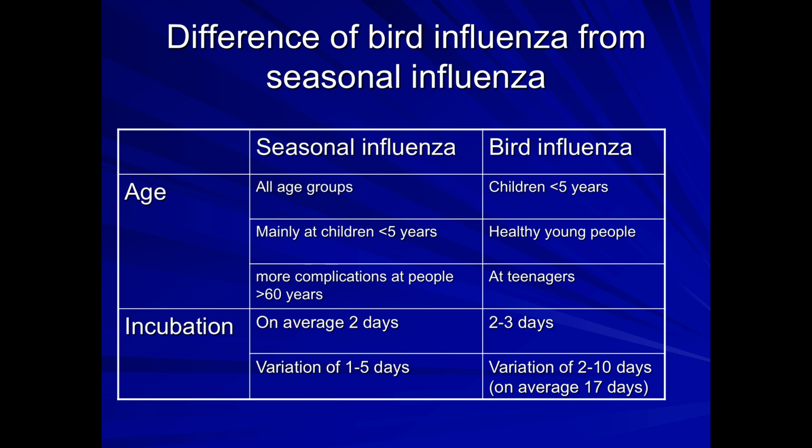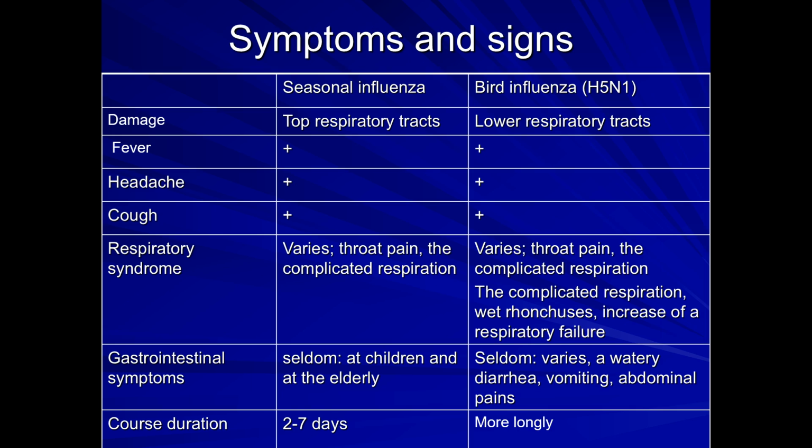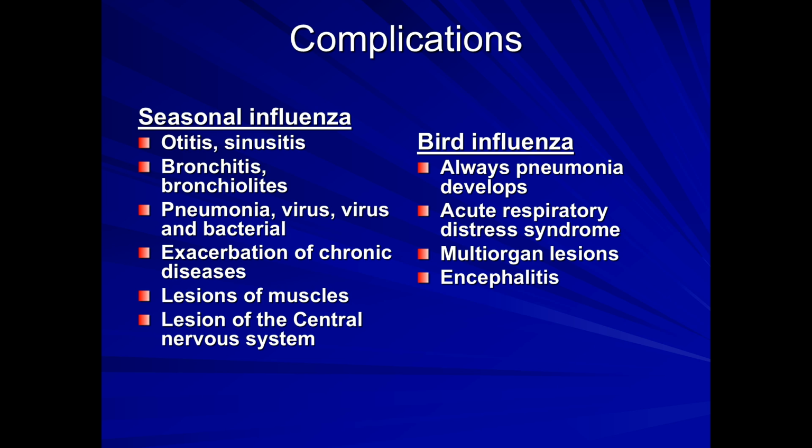Difference of bird influenza from seasonal influenza. Symptoms and the like. Complications. Seasonal influenza: sinusitis, bronchitis, bronchiolitis, pneumonia, viral and bacterial, exacerbation of chronic diseases, lesions of muscles, lesions of the central nervous system.